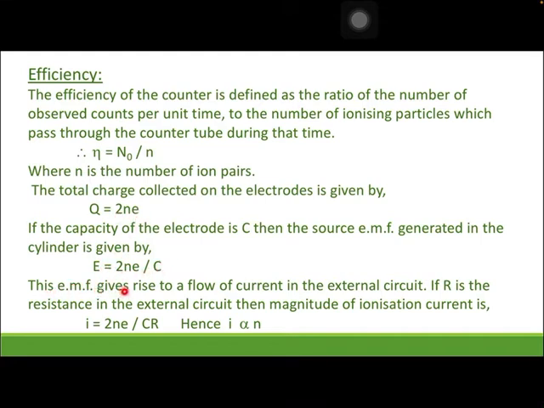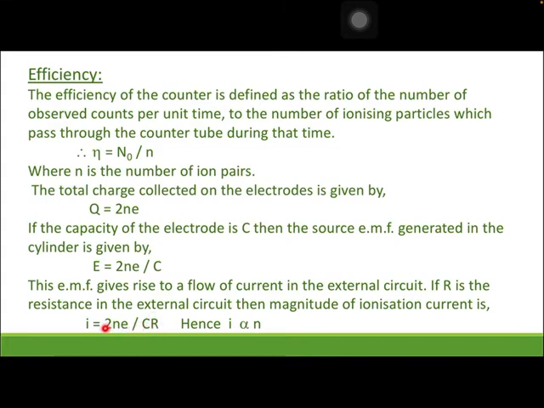This EMF gives rise to a flow of current in the external circuit. If R is the resistance in the external circuit, then the magnitude of ionization current, from Ohm's law, is I equal to E divided by R. So E is 2NE upon C, divided by R. So in total it becomes 2NE divided by CR.